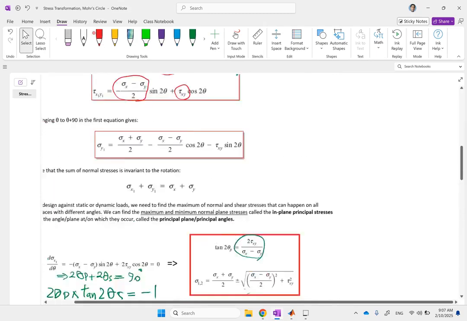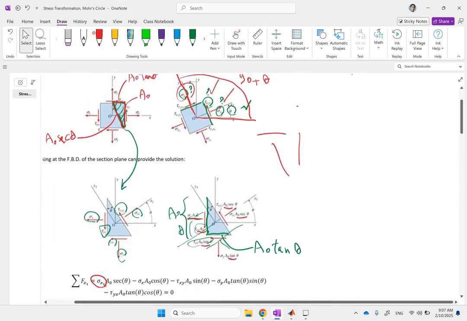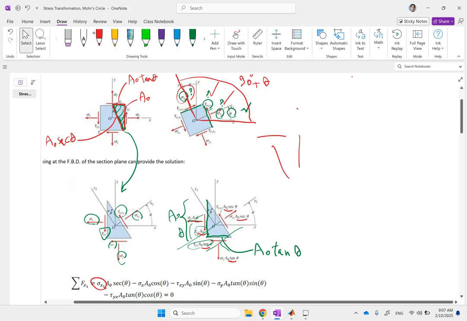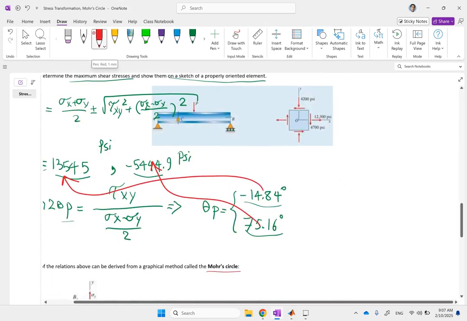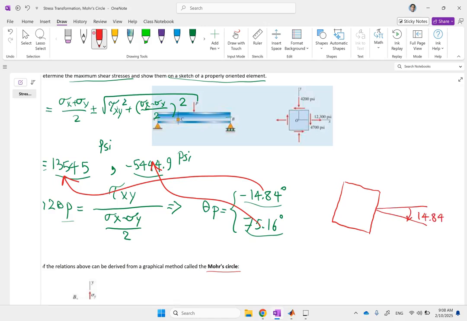And remember, positive rotation is counterclockwise. So we clearly have to go clockwise for 14 degrees. So we have to rotate it a little bit like this, where the angle between this normal and the x-axis is 14.84 degrees. This is your theta p1.